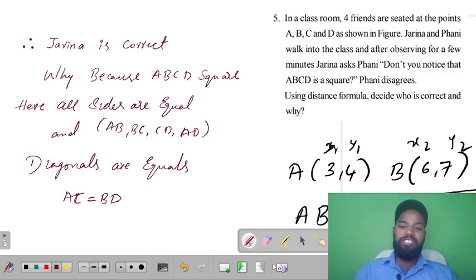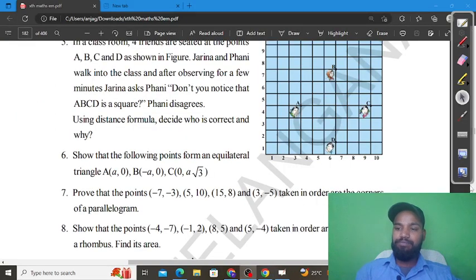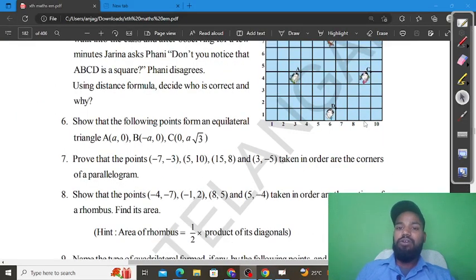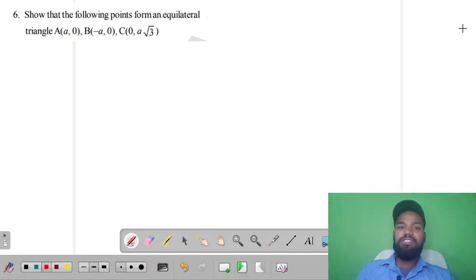So moving to the next problem. What is the next problem here? The sixth question is: show whether the following points form an equilateral triangle or not. First of all, what is an equilateral triangle? When all sides are equal, we say the triangle is an equilateral triangle.